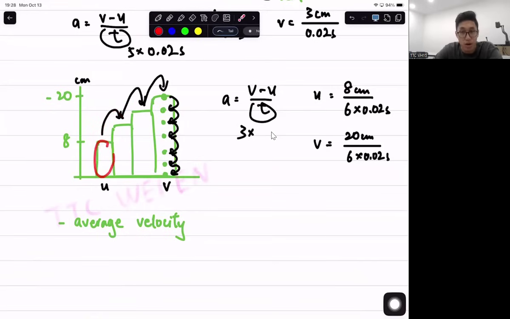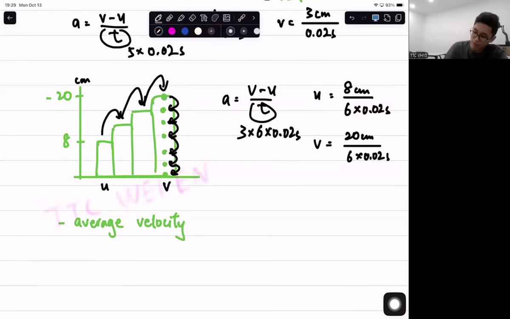The whole strip got how many? The whole strip is 6 times 0.02. So this is the T. You jump 3 times. Every jump, you are jumping through 6 times 0.02, 6 times 0.02, 6 times 0.02 in order to reach your V. Okay, so that's how you get your acceleration for ticker tape chart.